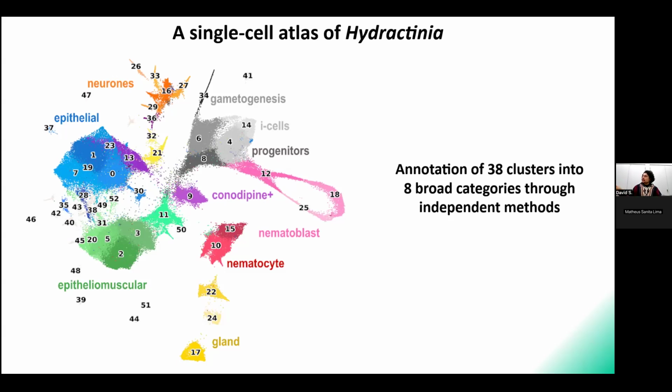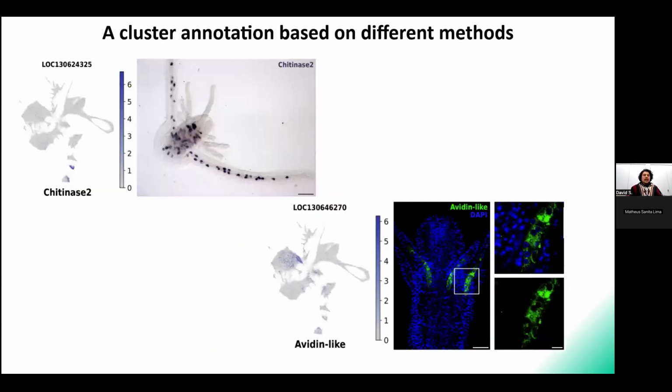The way we did it is through several confirmation methods, so we can know what these clusters are. And one of those was the classical one. We did in situs of the top marker genes of the clusters, and we did in situs of the ones that we think are interesting to us.